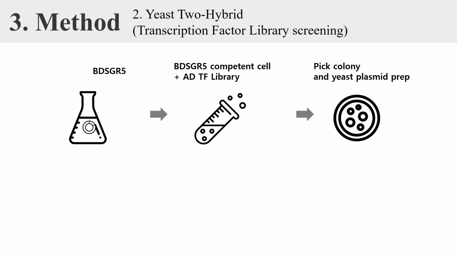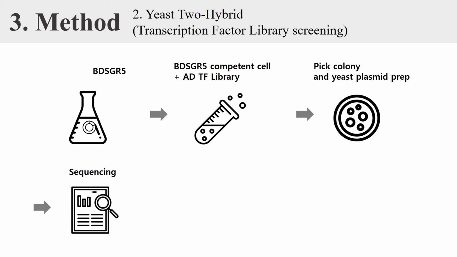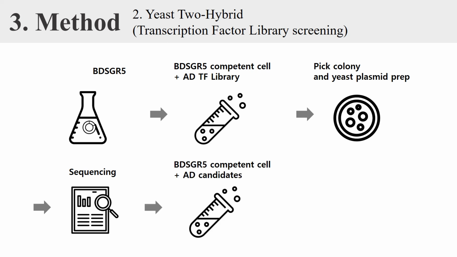After picking colonies and growing them in a test tube for 2 days, yeast plasmid prep is performed. After that, send sequencing to analyze candidates which are targets of my protein. Cloning of the candidates finally proceeds to Y2H between BD-SGR5 competent cell and AD candidates.